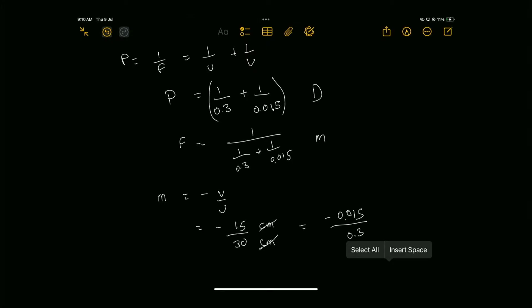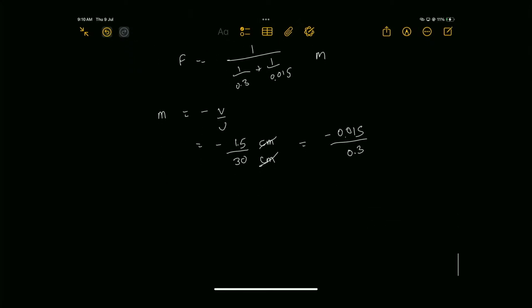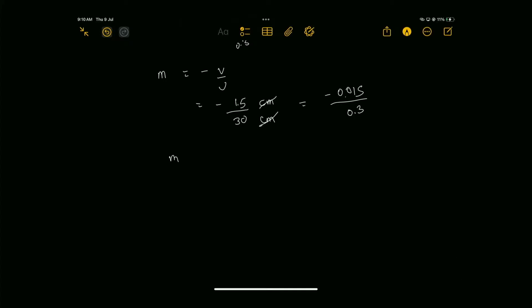Determine the height of the words in the image on the retina if the letters are 3 millimeters high on the examination paper. So we know that m is equal to hi over h0, right? So we need to find hi. So hi would be equal to m times h0, which should be negative 1.5 over 30 times h0, which would be 3.